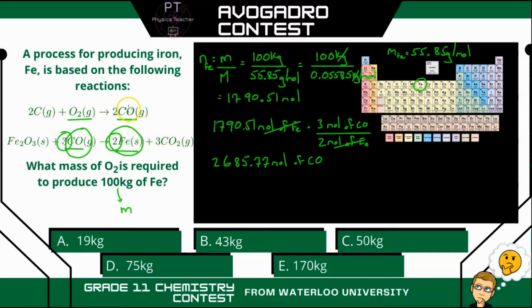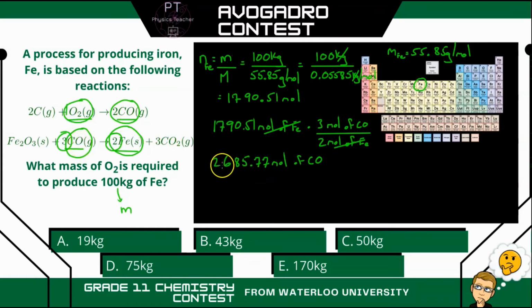Now we're going to go to the first reaction. Knowing how many moles of carbon monoxide we have, how many do we need of oxygen? And we're going to use the coefficients again as a ratio to help us convert that. You don't see a coefficient here, but that's just because it's 1.